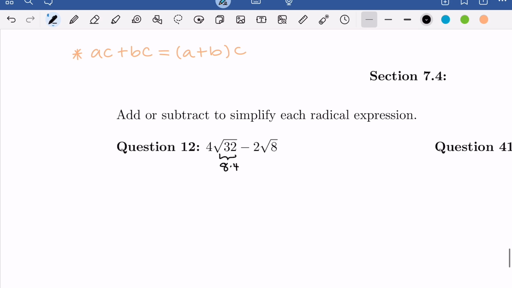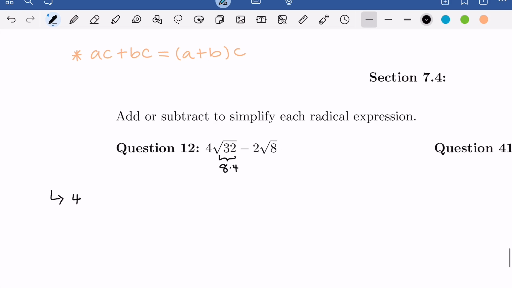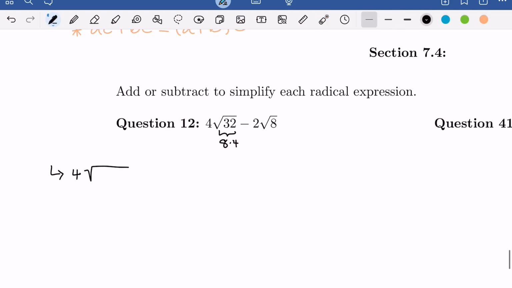So let's write over here. Let's break up this first term. 4 times the square root of 32 is going to be the same thing as 4 times the square root of 8 times 4, which we could also write as the square root of 4 times 2, that'll give us 8, times 4. So this is our factors of 32 broken up here. Now doing the same thing for our second term, this would be 2 times the square root of 4 times 2.